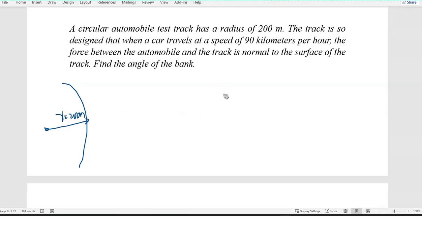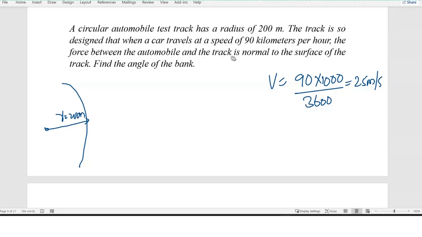The track is so designed that when a car travels at a speed of 90 kilometers per hour, so V is equal to 90 kilometers per hour, we multiply it by 1,000 and divide it by 3,600. So 90 times 10 to the power 3 divided by 3600, we get 25 meters per second.